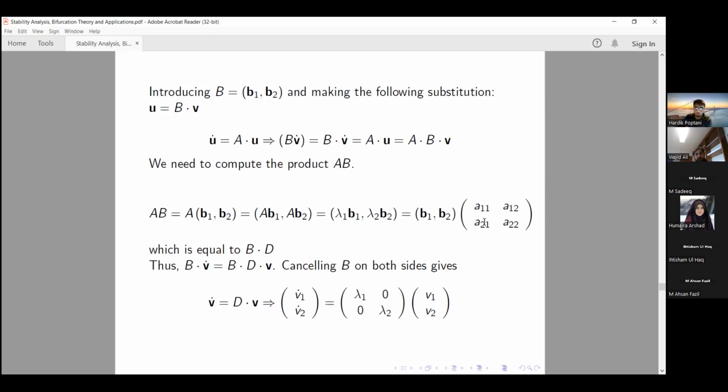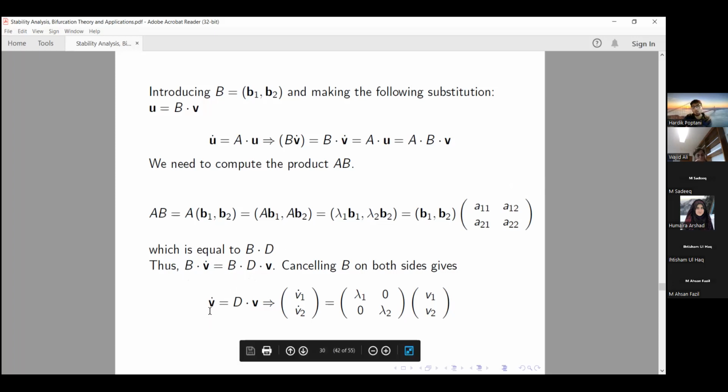So AB is equal to B times D, and D is a diagonal matrix. Therefore B v dot is equal to B D v, and then of course we can cancel B on both sides.